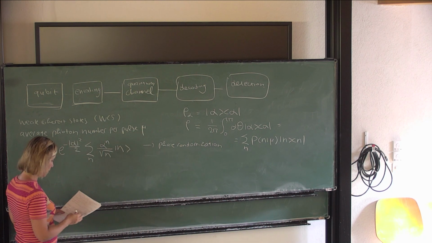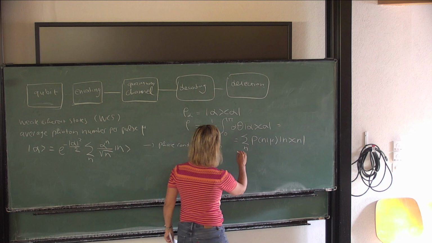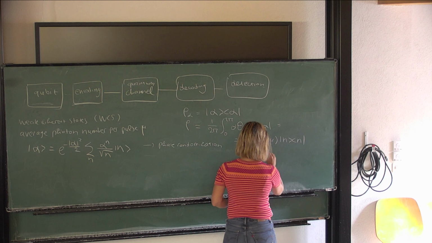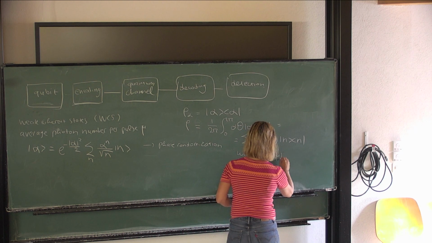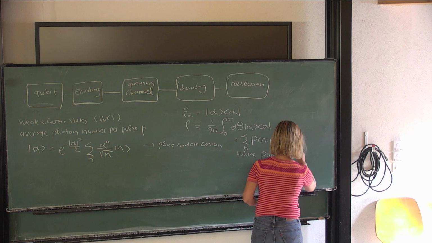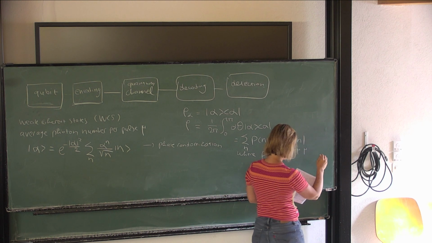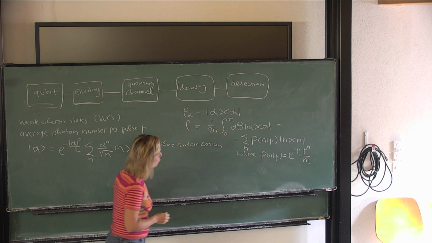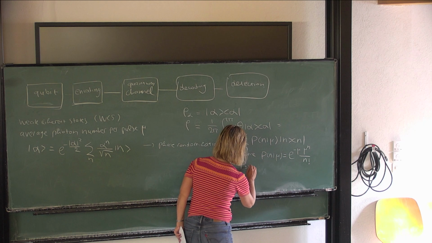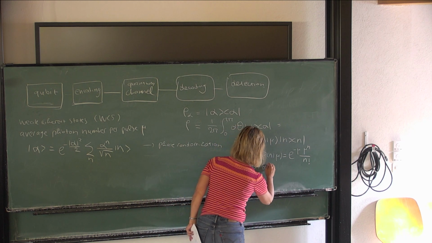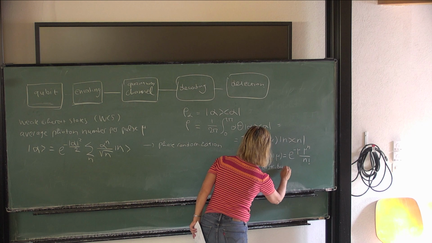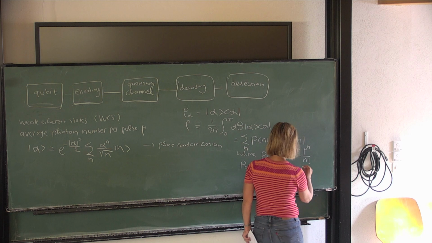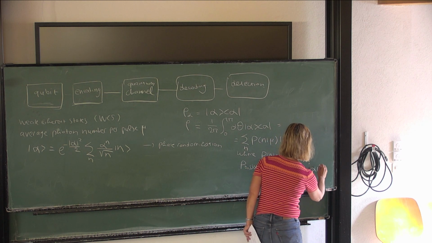Where this is the expression of the Poisson distribution of the photons of the coherent state with an average photon number per pulse, mu equal to alpha squared.